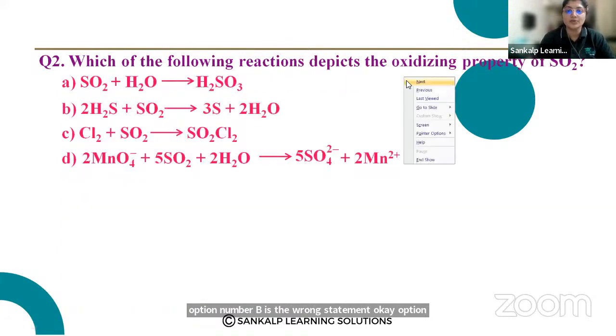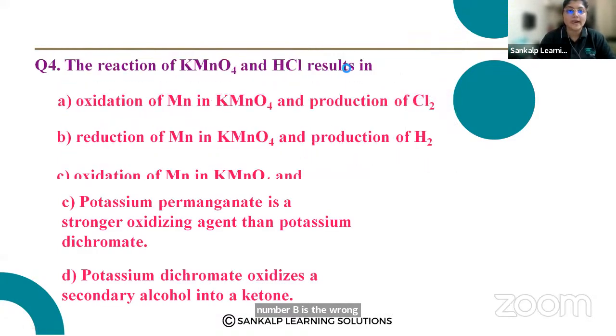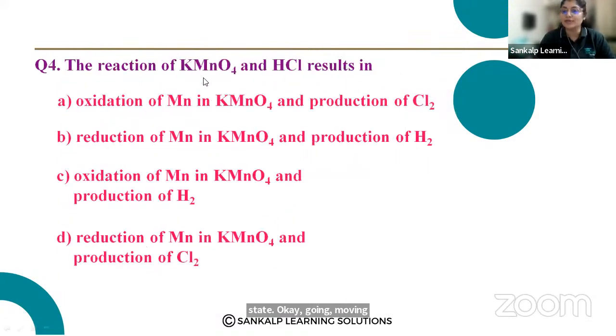Moving further, the reaction of KMnO4 and HCl results in A, oxidation of Mn in KMnO4 and production of Cl2. B, reduction of Mn in KMnO4 and production of H2. C, oxidation of Mn in KMnO4 and production of H2.